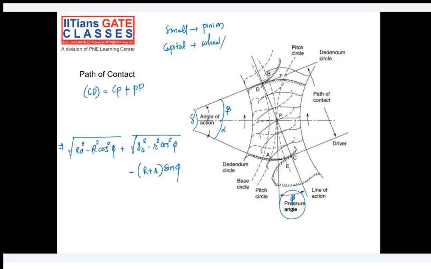So what is A? A stands for addendum. And if you don't write anything in combination with R, that corresponds to the pitch circle. So what is RA? Capital RA is the addendum circle radius of the gear, since capital stands for wheel.